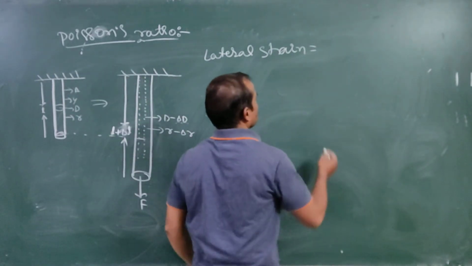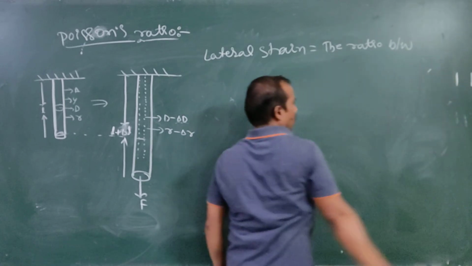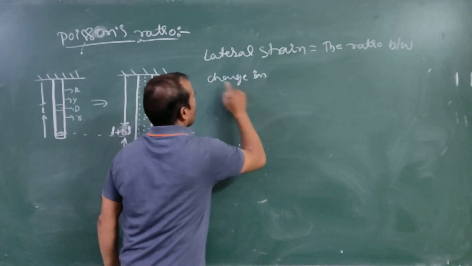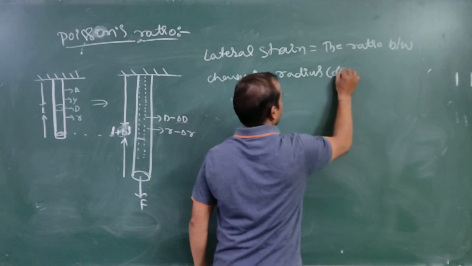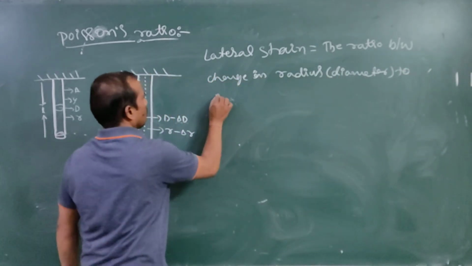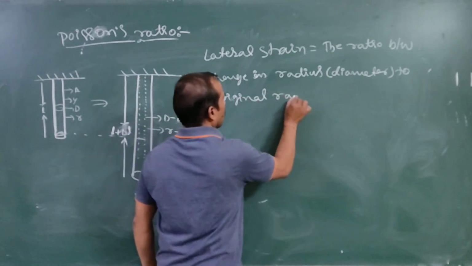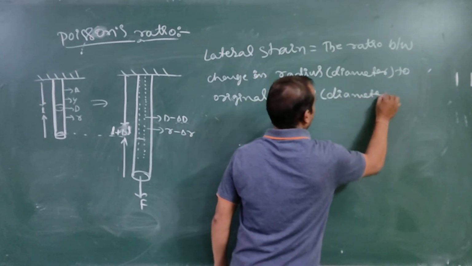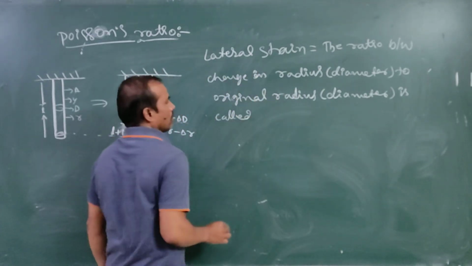So the lateral strain statement: the ratio between the change in the radius or diameter to the original, initial radius or diameter is called lateral strain.